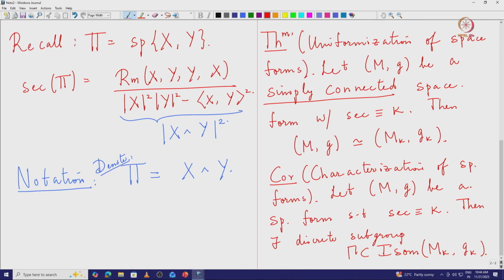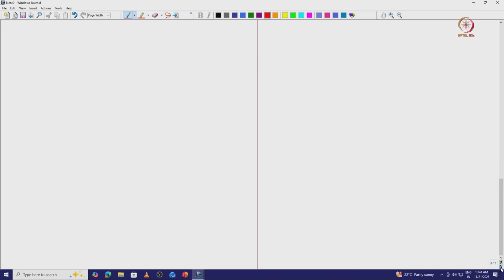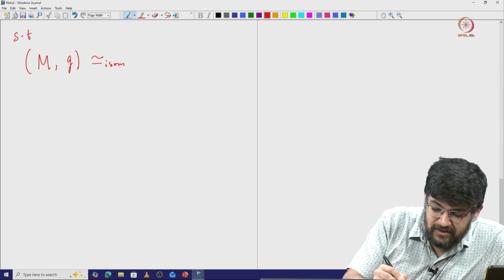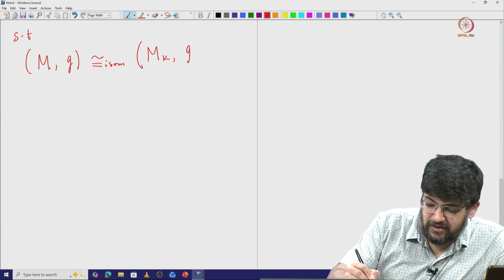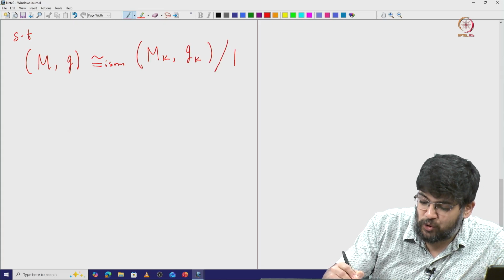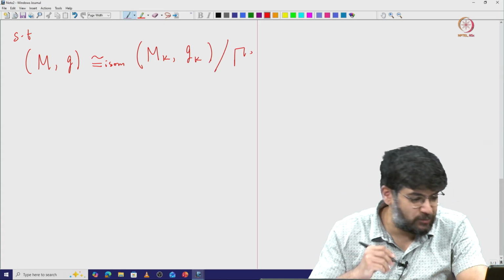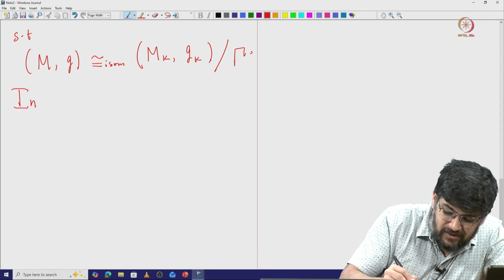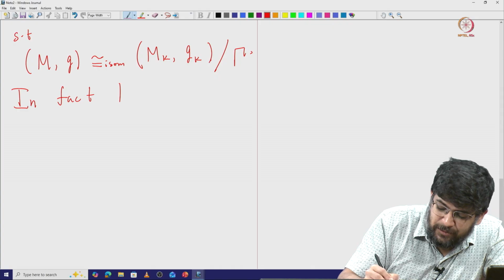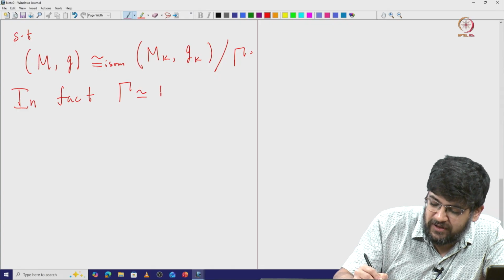So it is discrete in the compact open topology such that (M, g) is actually isometric to the quotient of the model space. Okay. And in fact, this Gamma is nothing but the fundamental group of M.